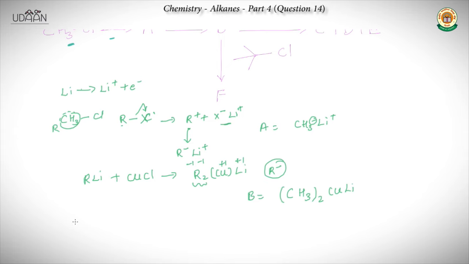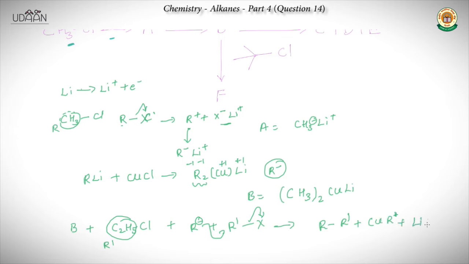That is B on treating with C2H5Cl. Now for a while treat this C2H5 as R dash. So what you have is R minus plus R dash X. This R minus substitutes this and you will get R–R dash plus you will get CuR dash plus LiCl.